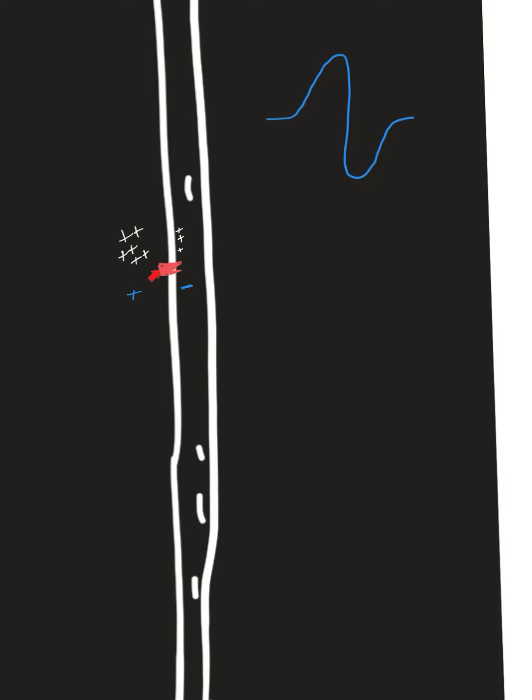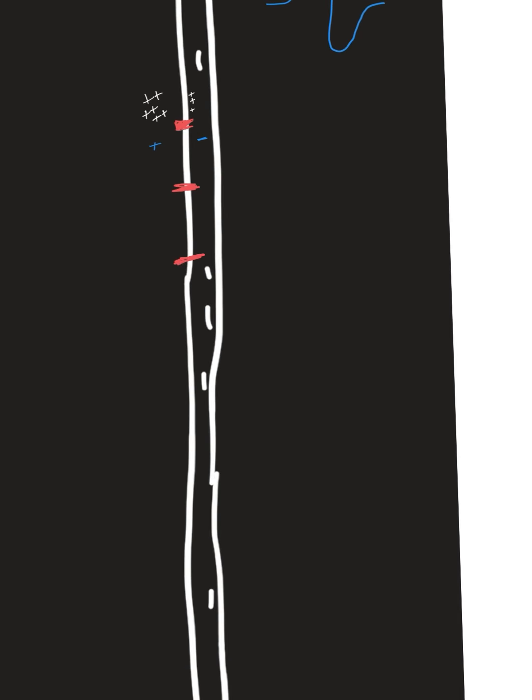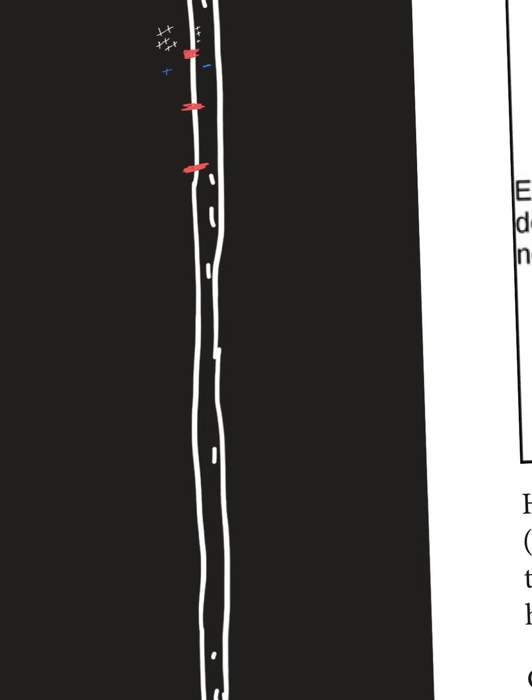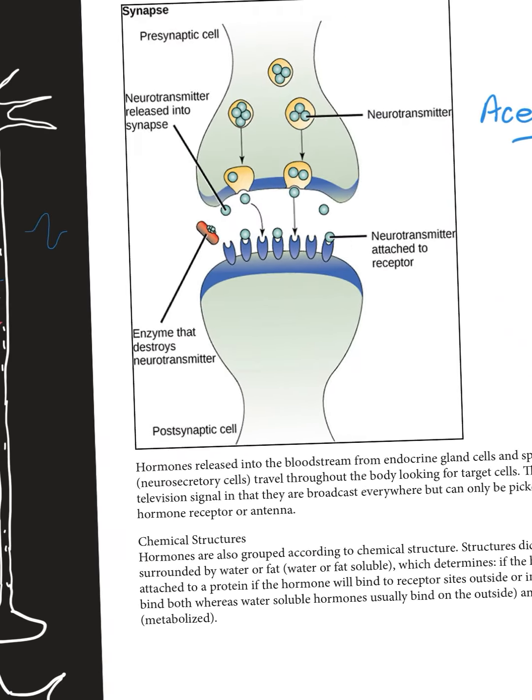That opens the next channel because the polarization, the charge across the membrane, changes. This opens up, and then the ions flow through that, which depolarizes the next one, which then depolarizes the next one, etc., all the way down until you get to the very end.